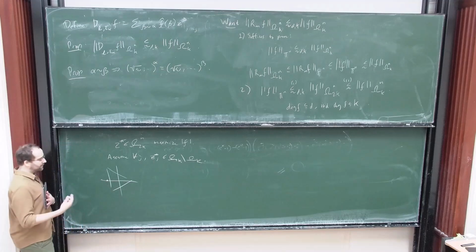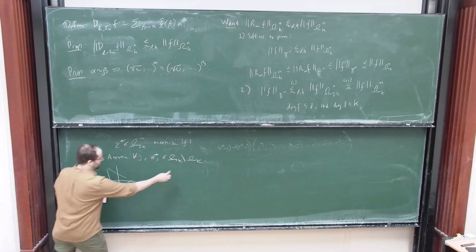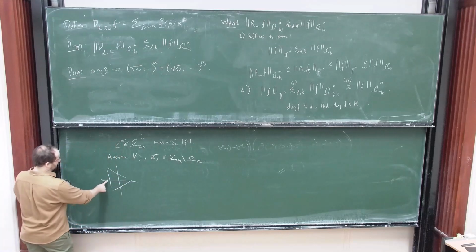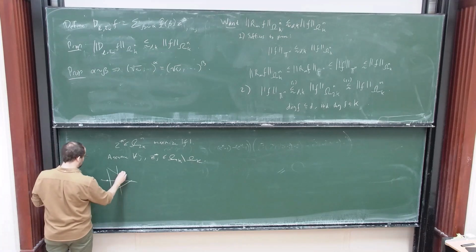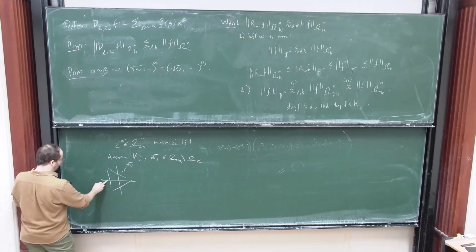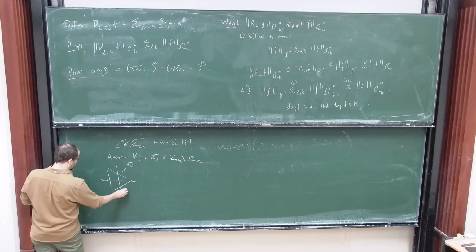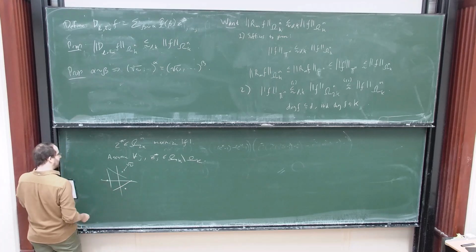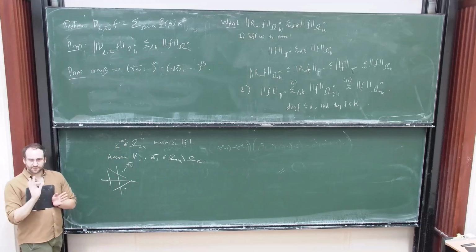Well, I claim I can multiply just the coordinate zj by an element of omega k to rotate this point to always be square root of omega. So this guy here is square root of omega, and no matter if my bad point is this bad point or this bad point, I can always multiply it by an element of the smaller group to bring it here. This should be immediate.